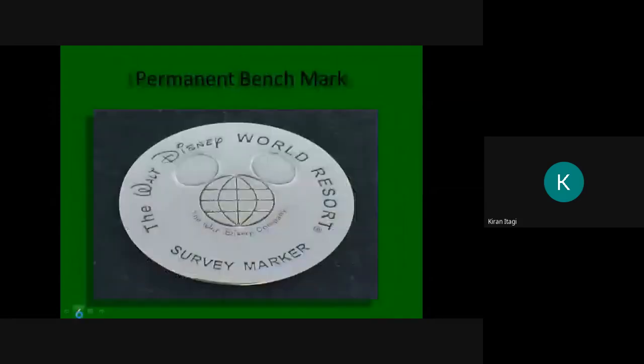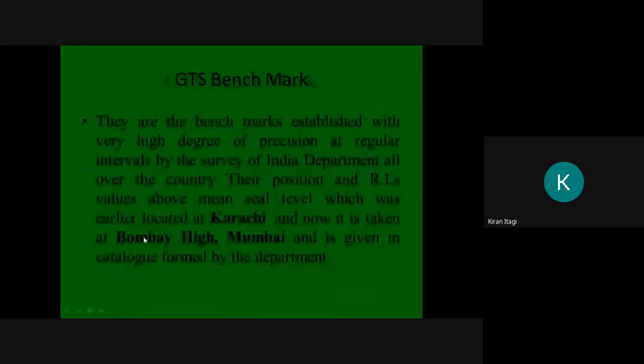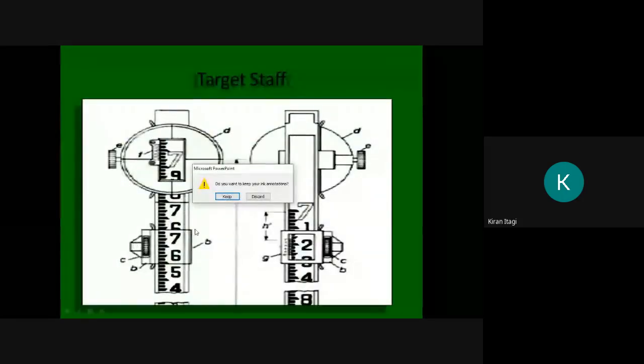So one thing I will do, the remaining I will take in the next class. Before that, I will show you some figures.